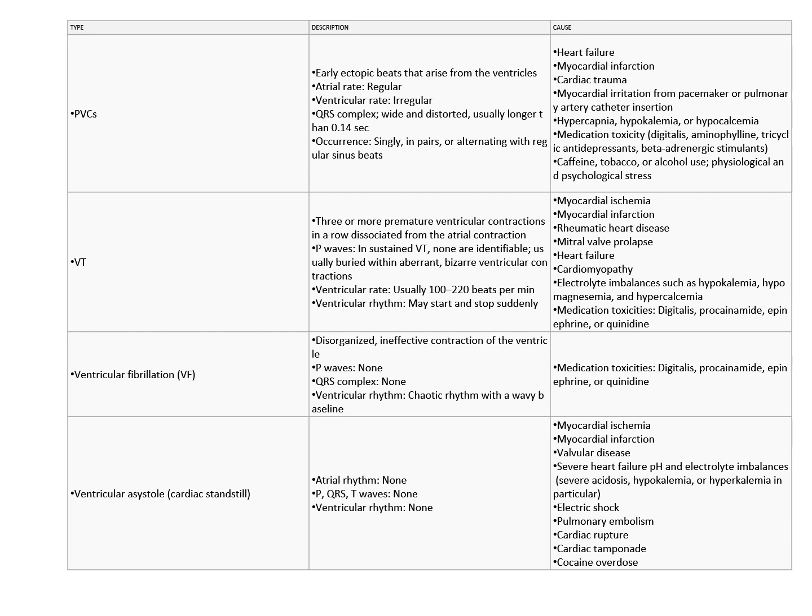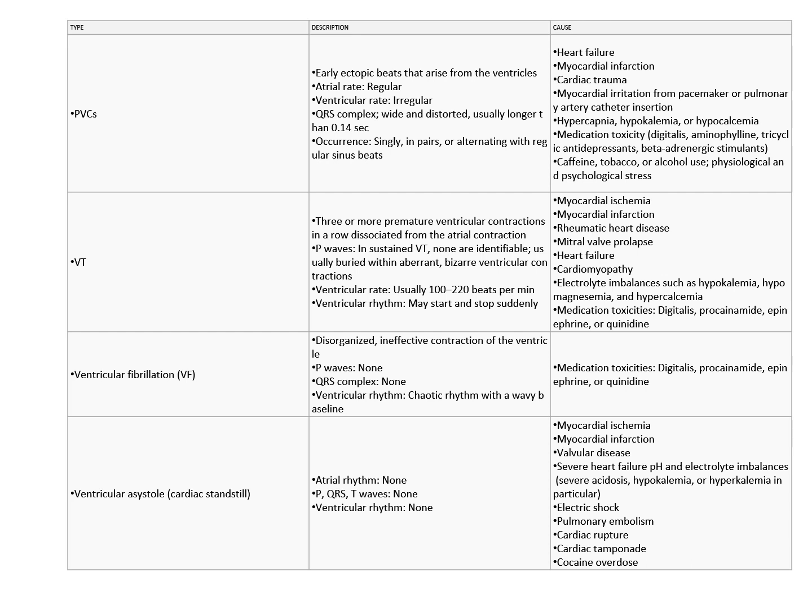know that electrical activity, the early ectopic beats arise from the ventricles, are called PVCs. They're early. Your atrial rate would be regular, your ventricular rate would be irregular. Your QRS complex would be wide and distorted. It's usually longer than 0.14 seconds.